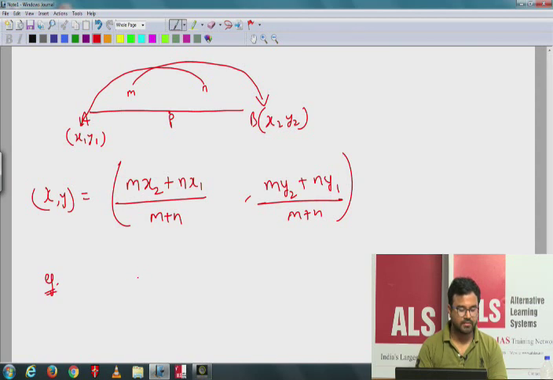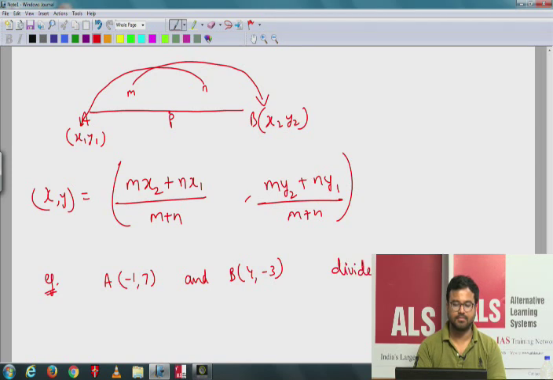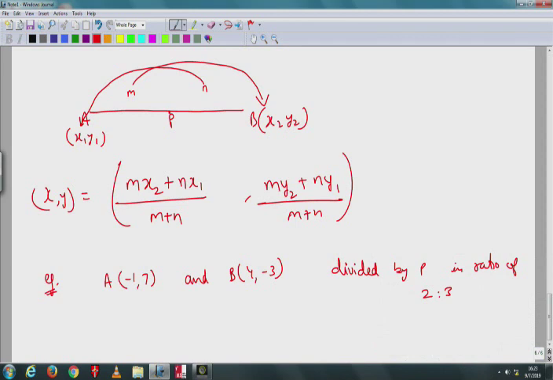Find the coordinates of the point which divides the join of (-1, 7) and (4, -3), let's say A and B, in the ratio 2:3. So you have to find the coordinates of point P.